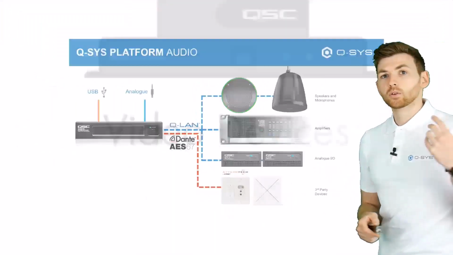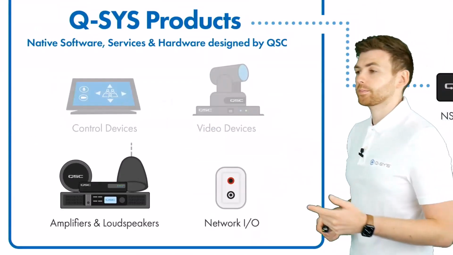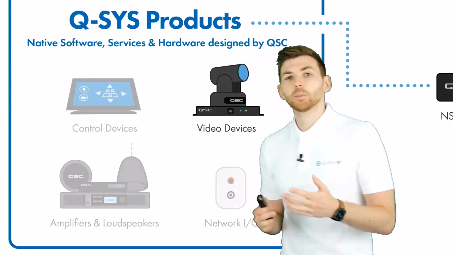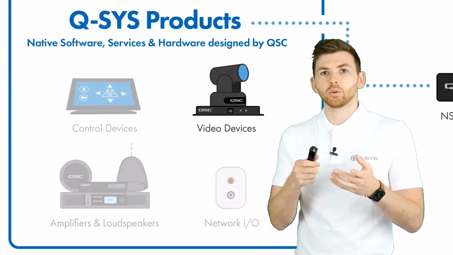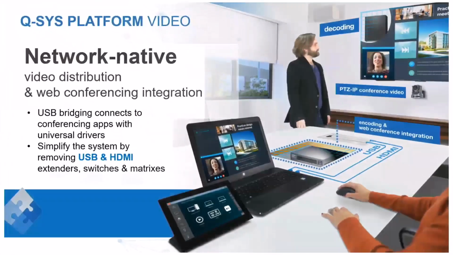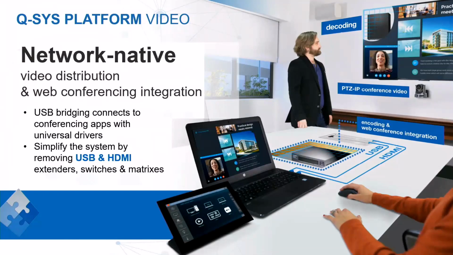Now, what about video? Video devices. Well, in the world of video, there's typically two sides to it. I've got a handy little slide here which is going to talk to the two sides of video we might have in an AV system. The first one is content, video content that we need to put on a screen.